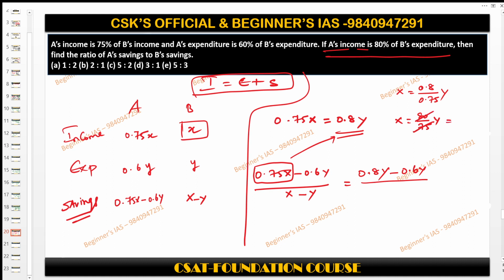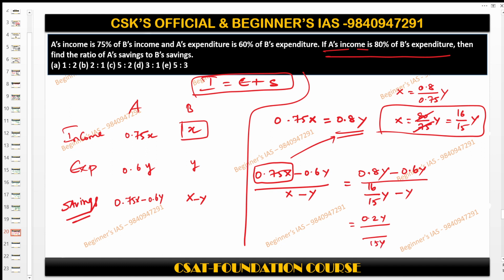Can you cancel further as 16 by 15 y? Am I right? Yes, sir. So now you can use x as 16 by 15 y minus y. I hope people are getting this. So now you can say this as 0.2y. You can take LCM as 15, then it will become y.